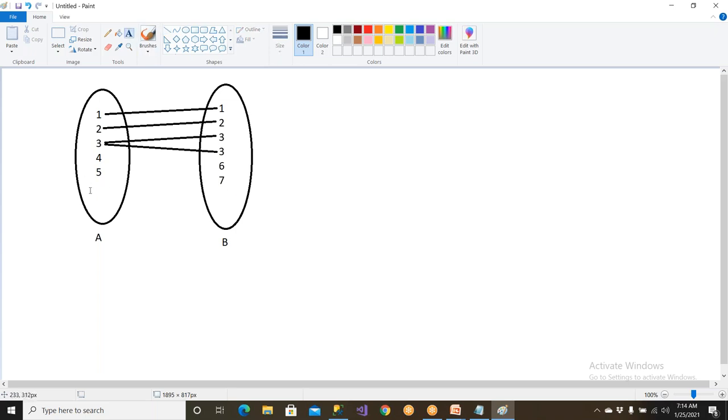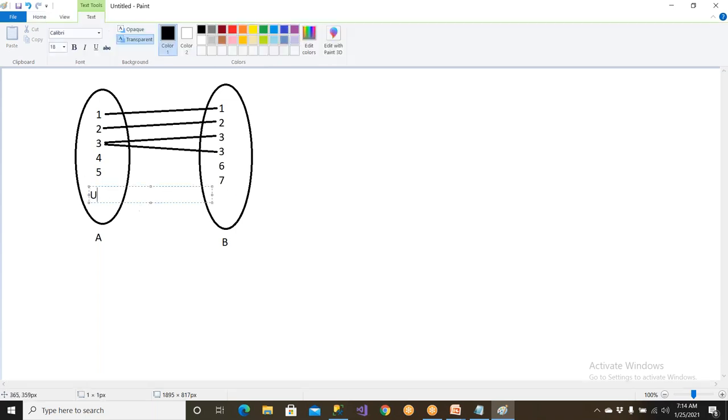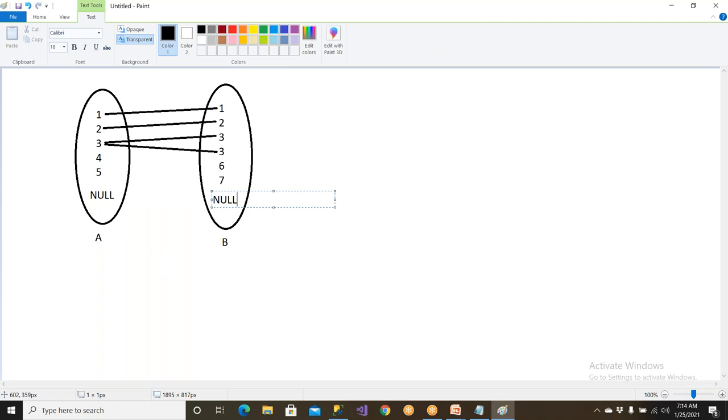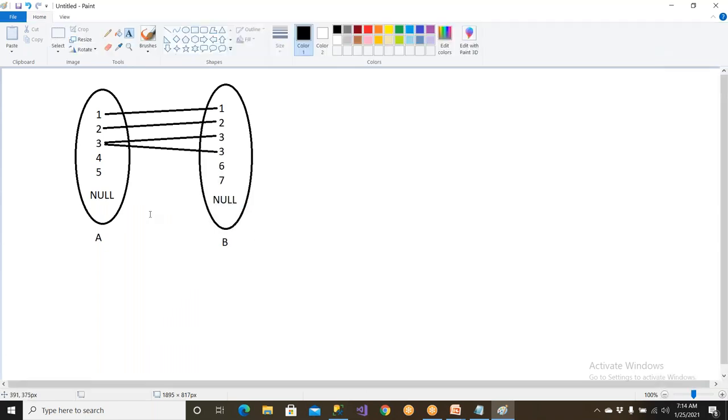If I have a null here, what do we mean by null? Null means a blank value, an unknown value. If I have a null there, and one more null here, can I say this null and this null are equal? If I don't know some answer, that means it is blank or unknown.